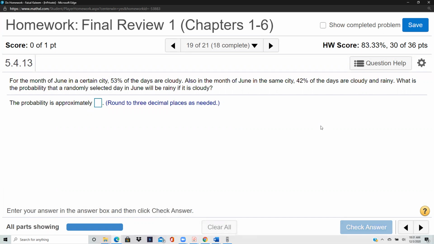So what's the key word in this problem? And this time it's written on the screen. Okay. For the month of June. There's one word in this problem which will tell you which formula to use.